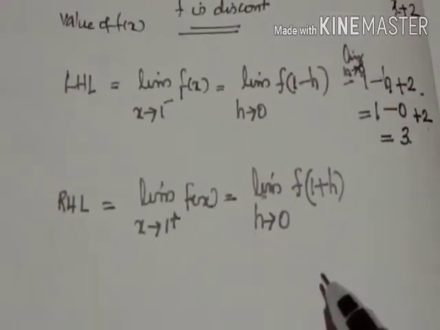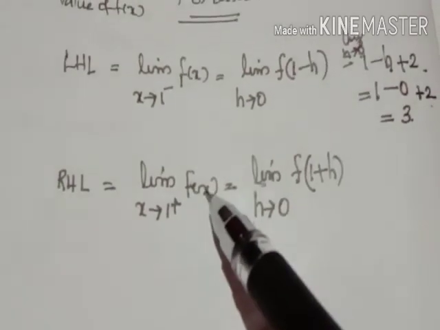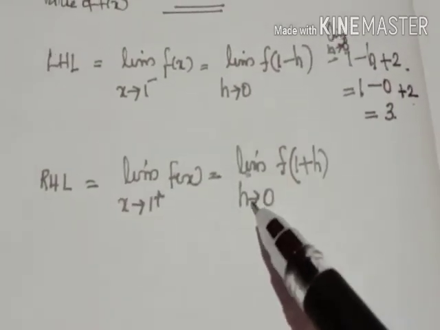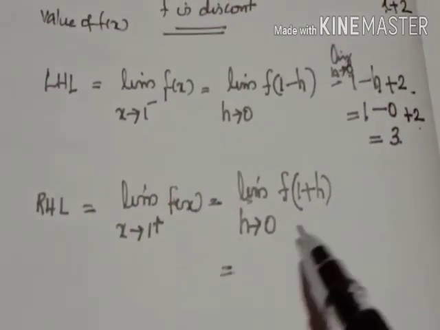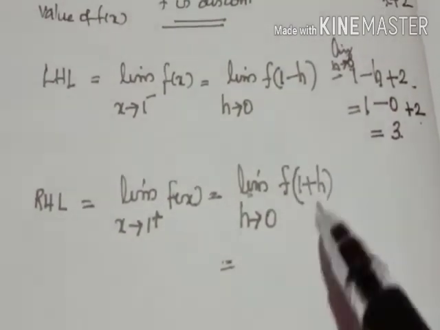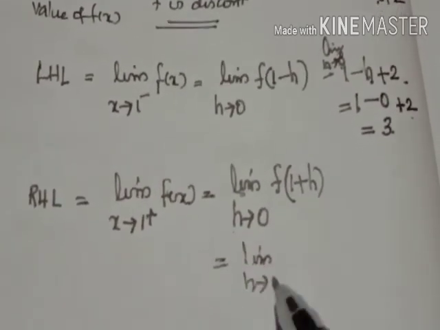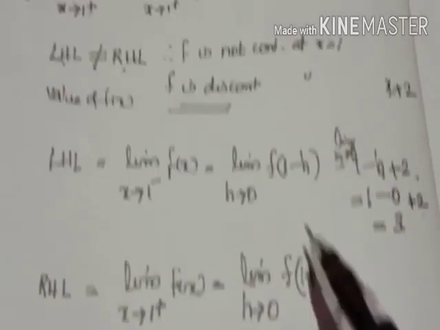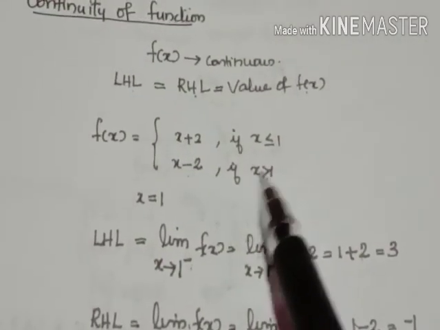Now see the right hand limit. x tends to 1 plus f of x is rewritten as limit h tends to 0 of f of 1 plus h. Now we are going to replace this f of 1 plus h. f of 1 plus h means more than 1.